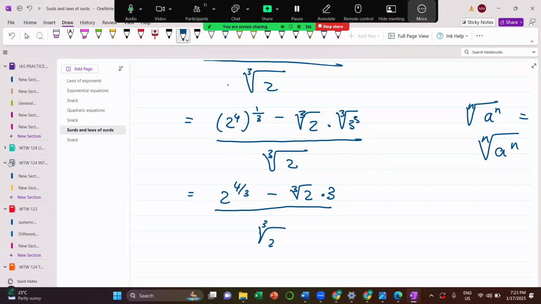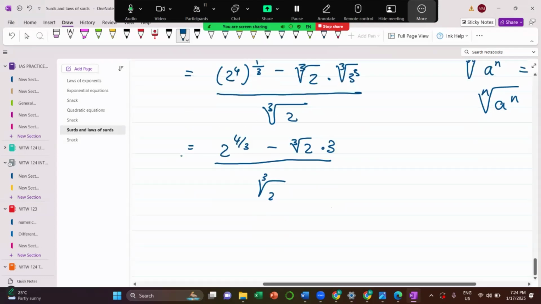Okay, this problem is getting a bit messy. But now, what do we notice? We do notice that we have a subtraction sign.